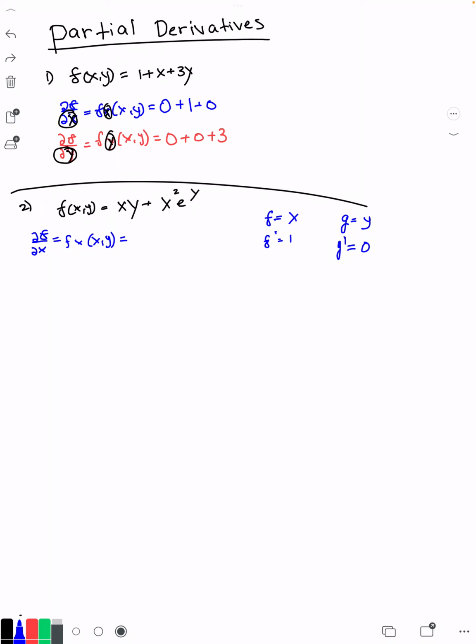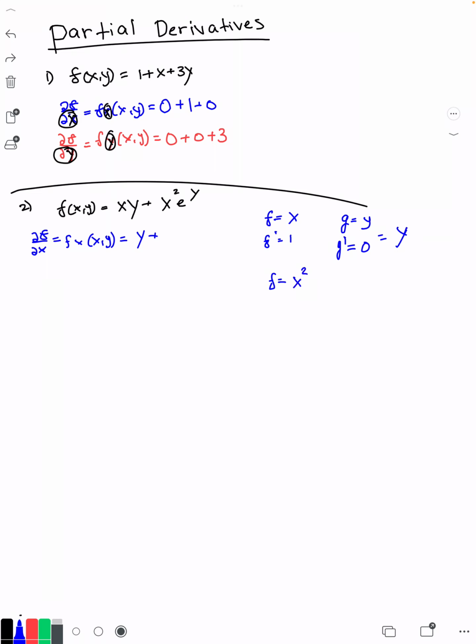So, basically here we're doing the product rule. So we're going to have 1 multiplied by y plus x multiplied by 0, which is 0. So we're left with y. Plus, now we have, again, we're doing the product rule.